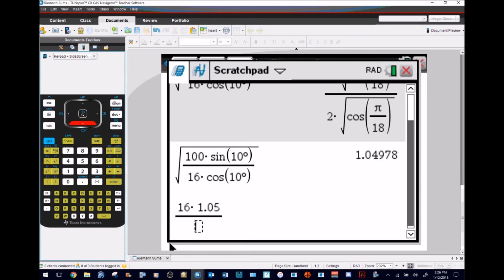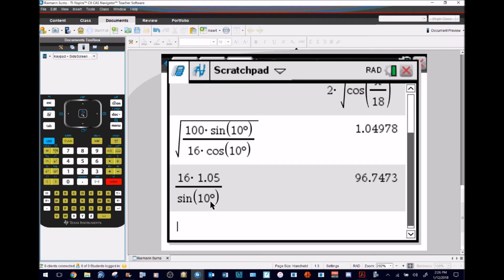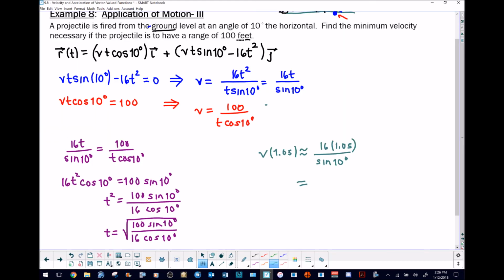Need that degree symbol again. Since I already have a decimal, as you can see here in my input, I'm pretty sure that I'm going to get only a decimal output, which is nice. 96 point, we'll call it 747 here, and I think that would be accurate enough. 96.747.